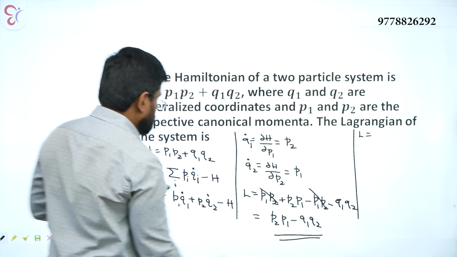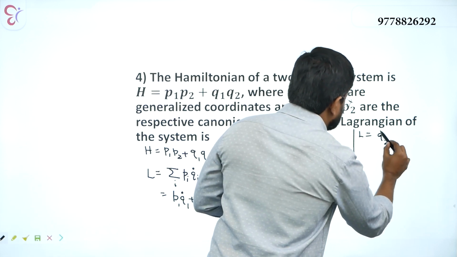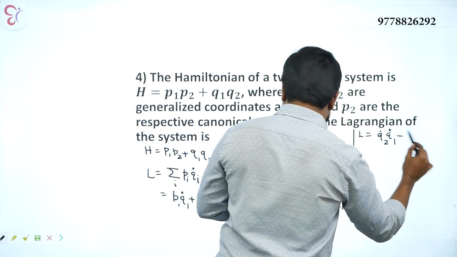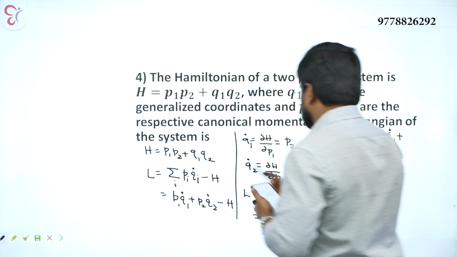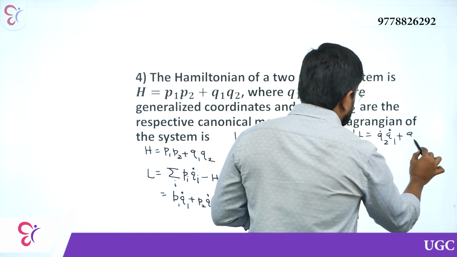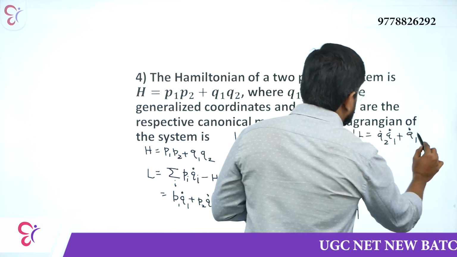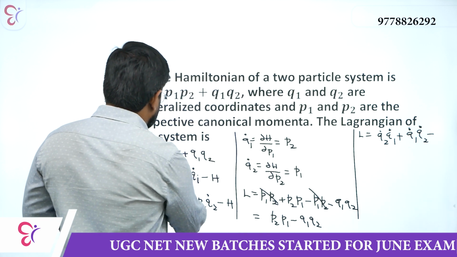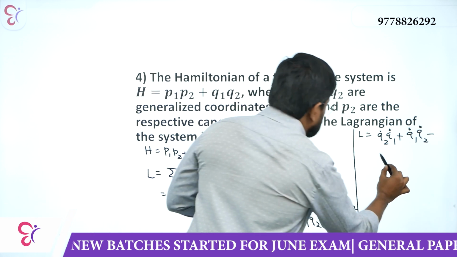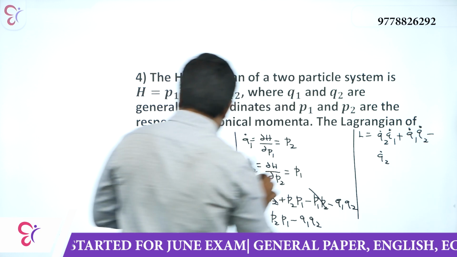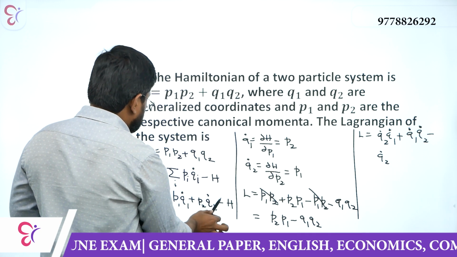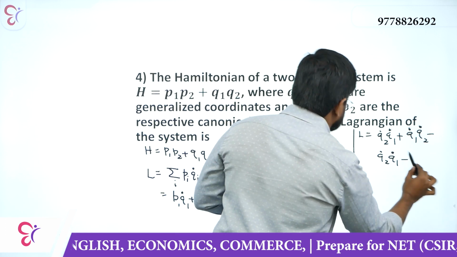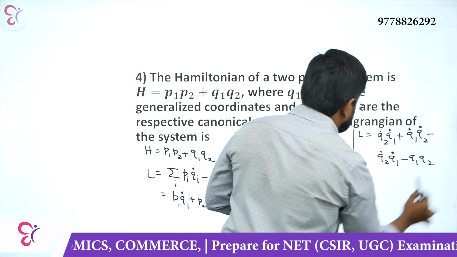P1 is Q2 dot. So Q2 dot into Q1 dot, plus what is P2? P2 is Q1 dot into Q2 dot, minus H. H is P1 P2, P1 is Q2 dot, P2 is Q1 dot, so it is Q1 dot Q2 dot minus Q1 Q2.